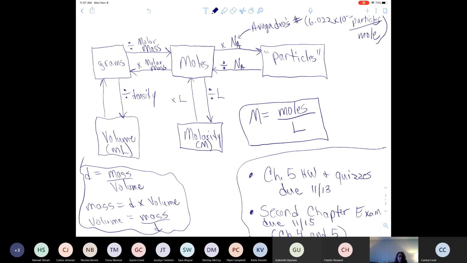And then you can go in the opposite direction and convert volume into mass by multiplying by density. So this is a very good little conversion flow chart that enables you to do all of those different conversions that I just mentioned.